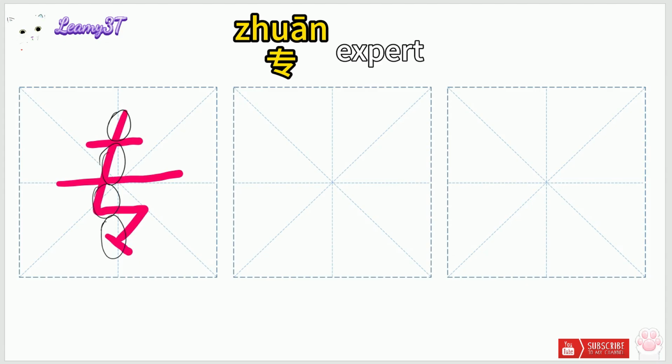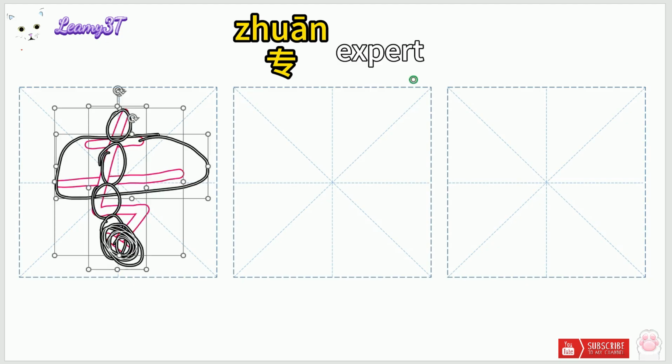Note that the 2 horizontal strokes on the top are different lengths. The lower one is slightly longer. The final dot must not be too short. The entire character stands vertically in the square grid.